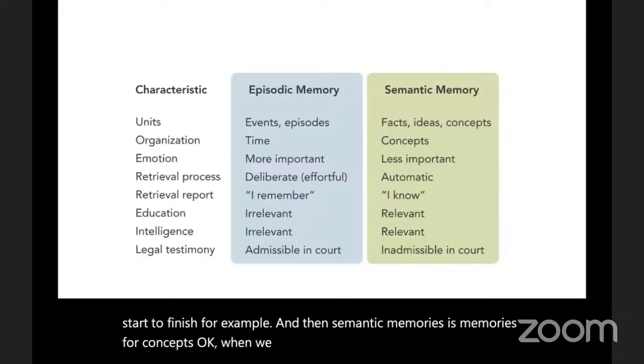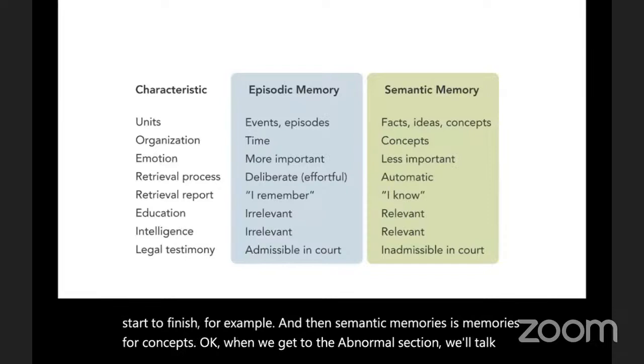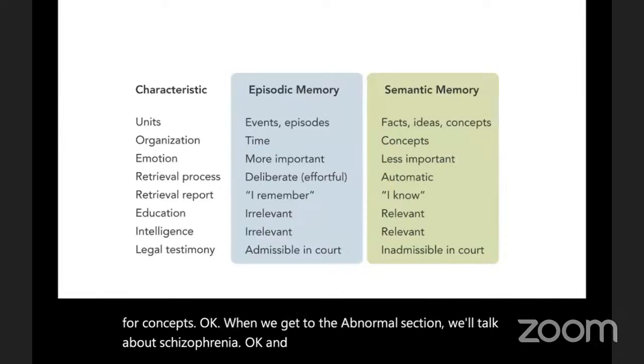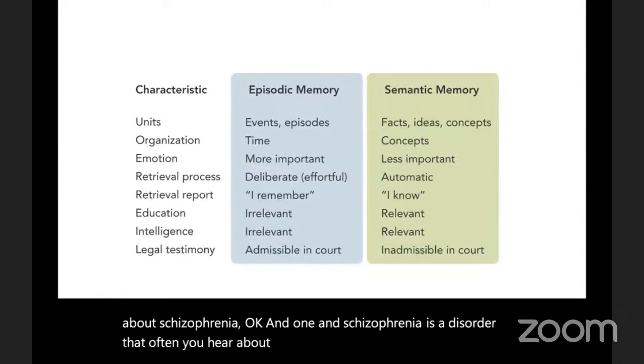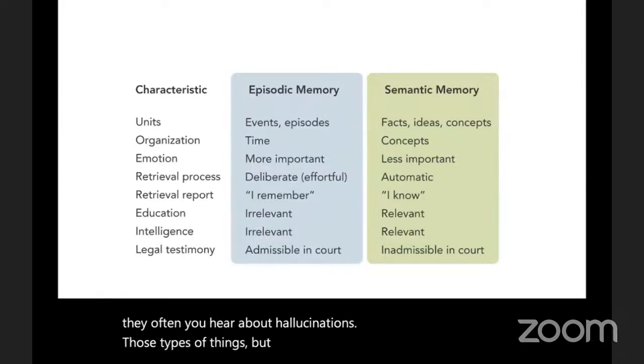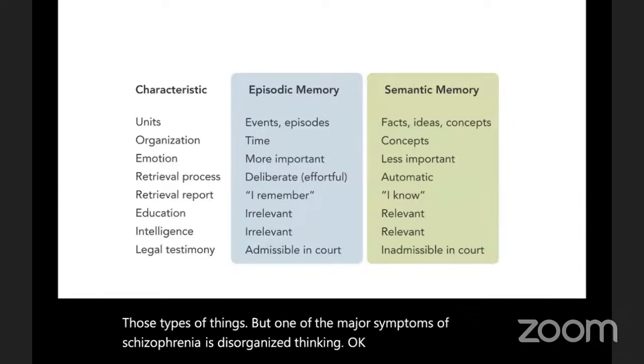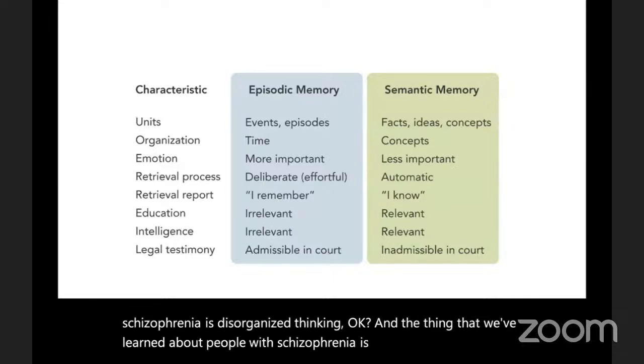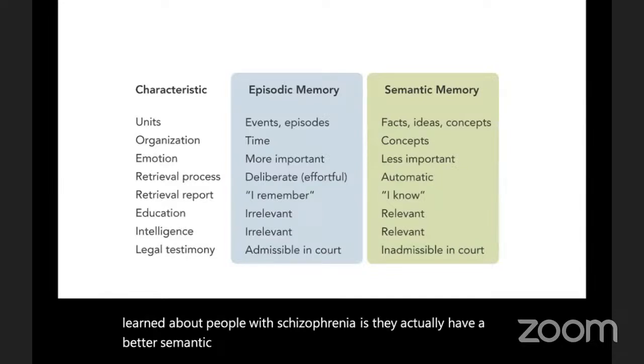When we get to the abnormal section, we'll talk about schizophrenia. Schizophrenia is a disorder where you often hear about hallucinations, but one of the major symptoms is disorganized thinking. We've learned that people with schizophrenia actually have a better semantic memory than episodic memory, because they can't recall a story from beginning to end.